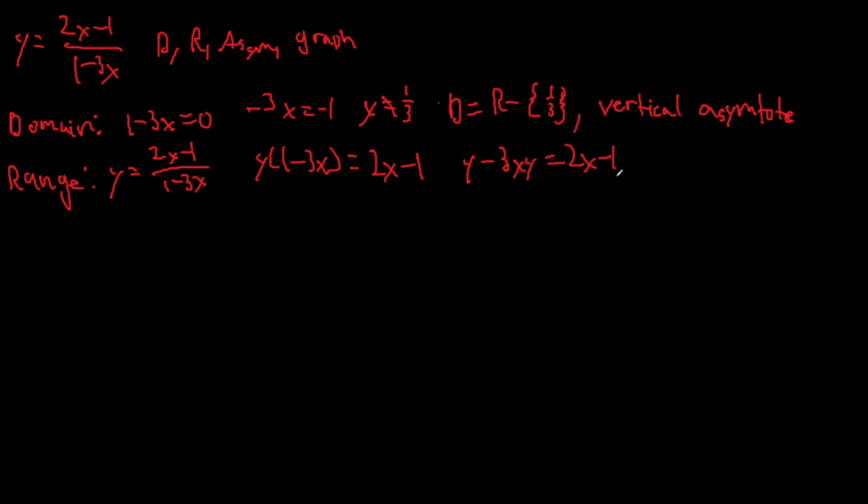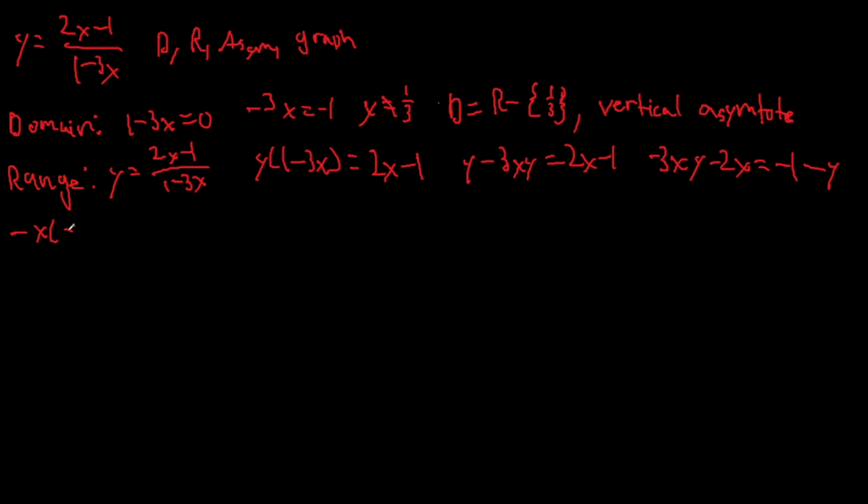So what we're going to have here, if you just move around the numbers, you're going to have negative 3xy minus 2x equals negative 1 minus y. And negative 1 minus y, you can also just write that as, oh, sorry, no, I'm getting ahead of myself. Then you want to factor out the x.